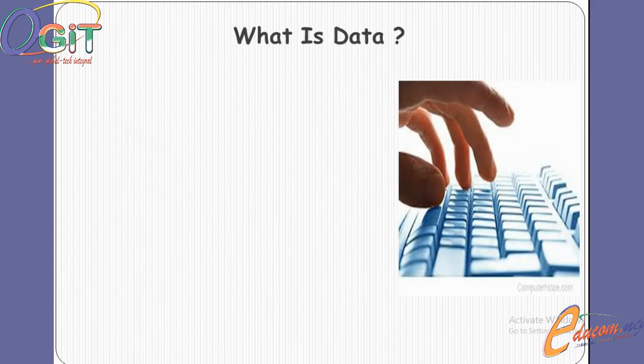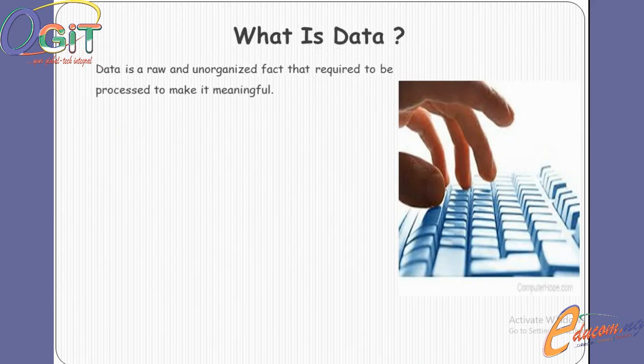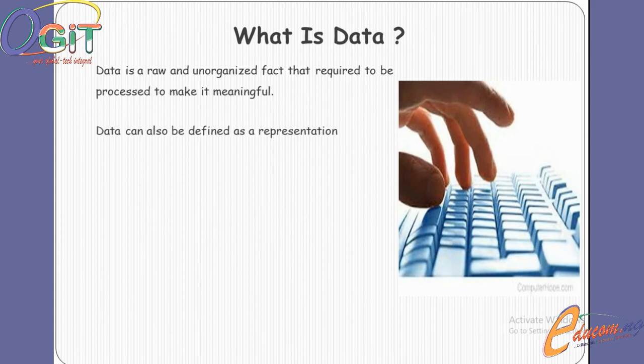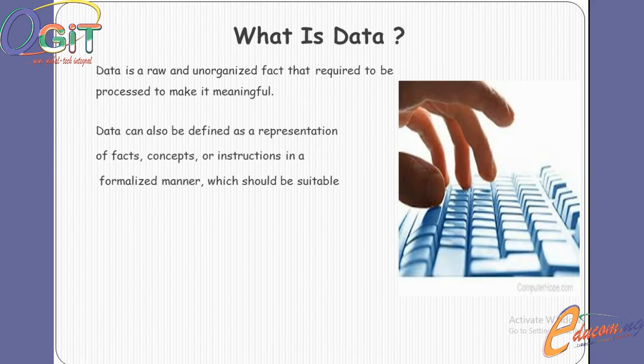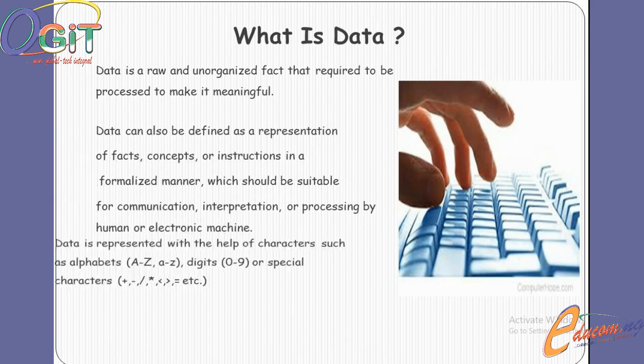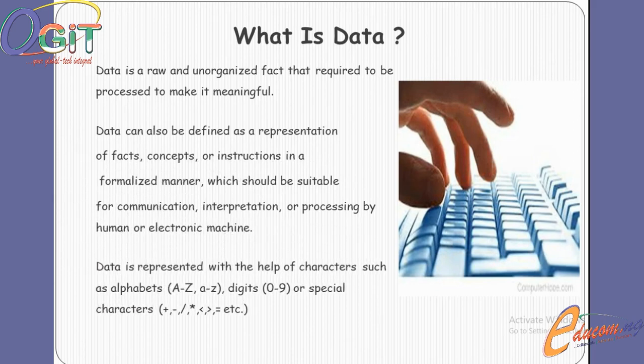Now, what is data? Data is a raw and unorganized fact that requires to be processed to make it meaningful. Data can also be defined as a representation of facts, concepts, or instructions in a formalized manner, which should be suitable for communication, interpretation, or processing by humans or electronic machines.